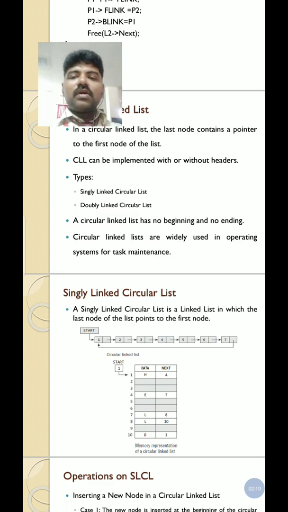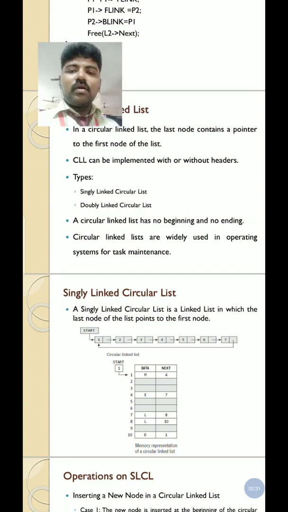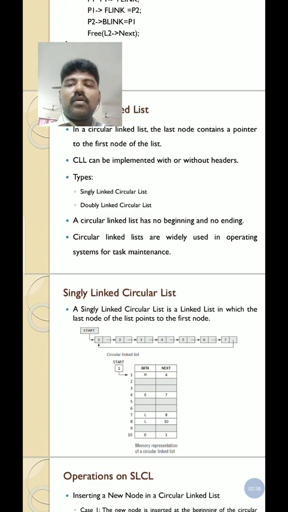One more thing is that a circular linked list has no beginning and no end, so you cannot predict where the list is going to start and where it is going to end. Circular linked lists are widely used in operating systems for task maintenance. This is a practical application.